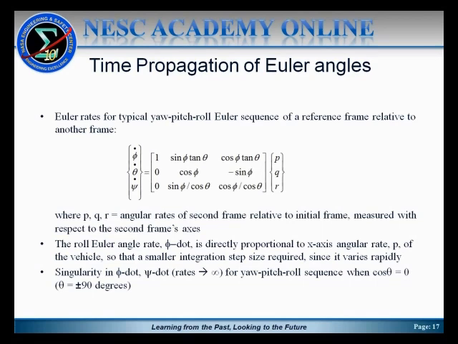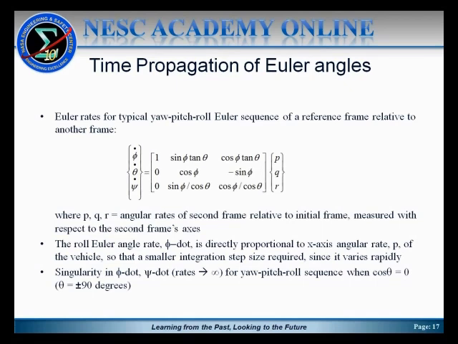You will find that if you write out the equations for what phi dot, theta dot, and psi dot are, which are the 3 Euler angles in a yaw, pitch, roll sequence, then you'd see the equation shown here, where phi dot, theta dot, psi dot as a vector equals a 3 by 3 matrix times P, Q, and R, where in this notation P, Q, and R are the angular rates of that second frame relative to the initial frame, and they are measured in that second frame.